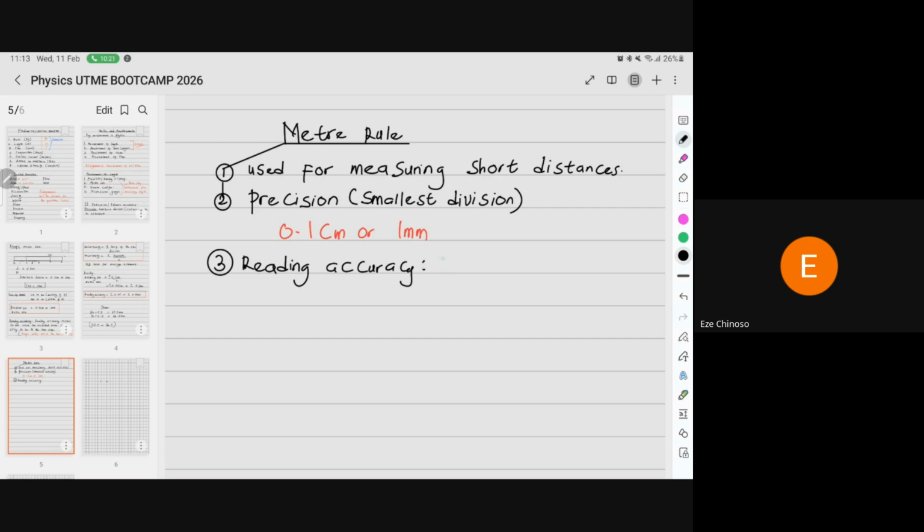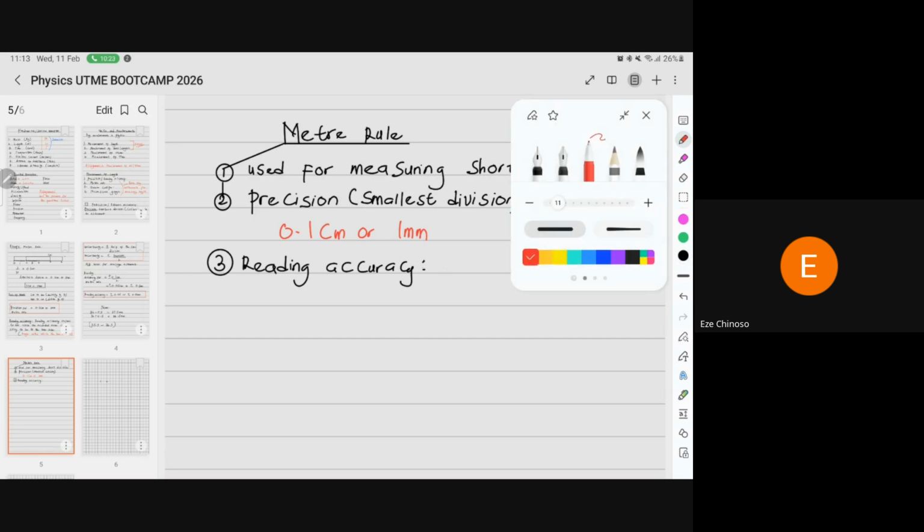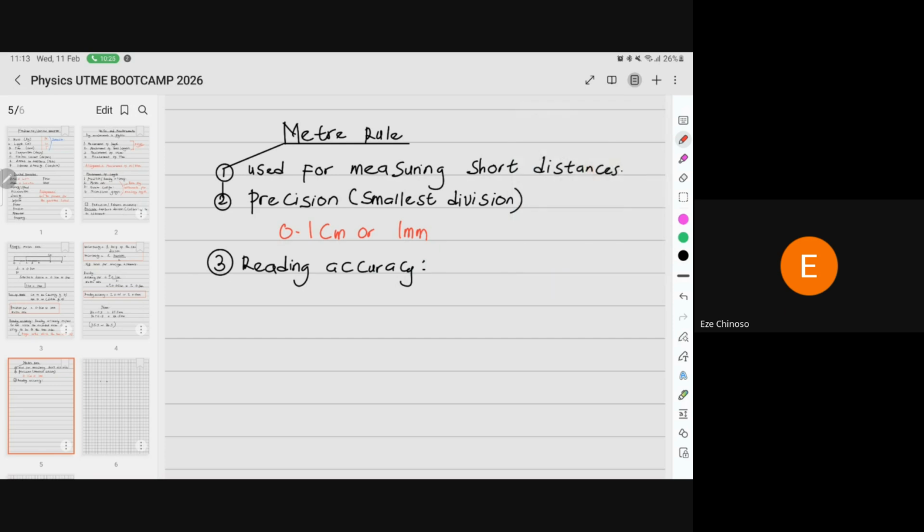Reading accuracy is what? Somebody give me the reading accuracy, men and brethren. 0.05 centimeter, or 0.5 millimeter. It should be plus or minus 0.05 centimeter.